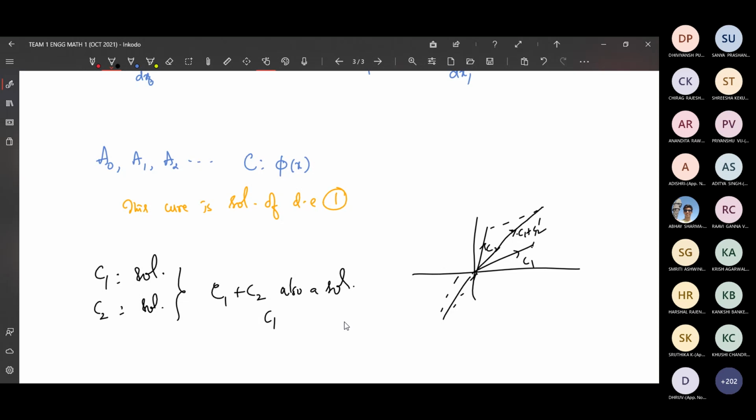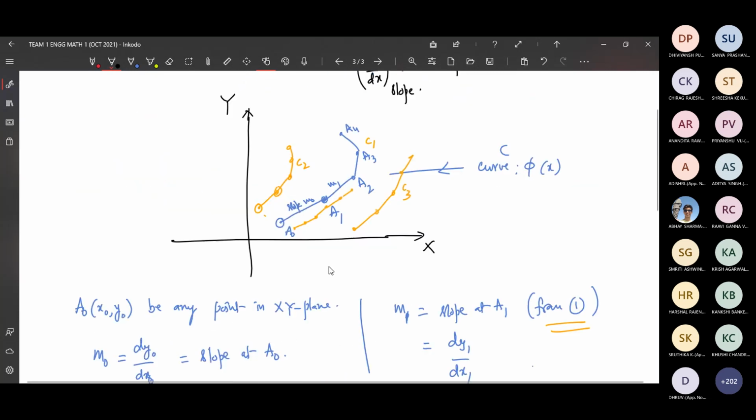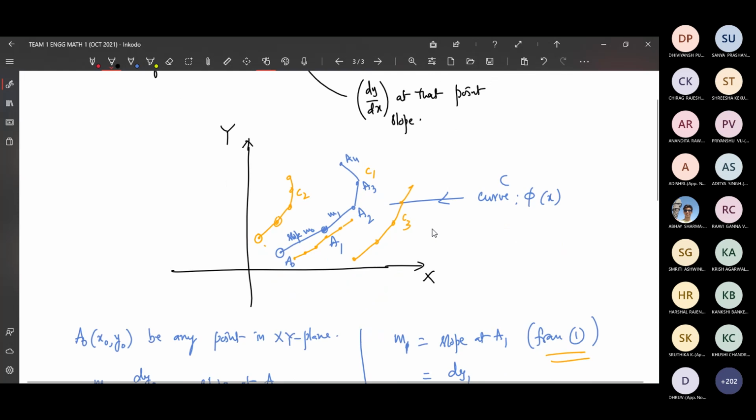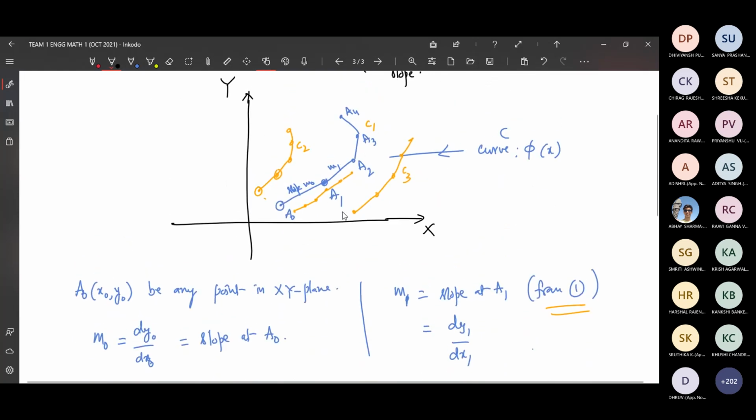Of course, C1 minus C2 is algebraically C1 plus minus C2, also a solution. But C1 into C2, the product of the solutions, depends on the domain and the equation. But normally this plus we are taking is called the linear combination.